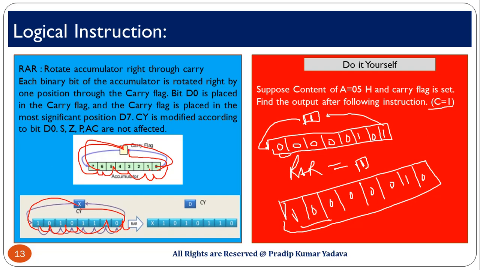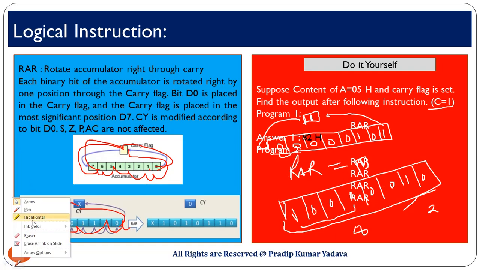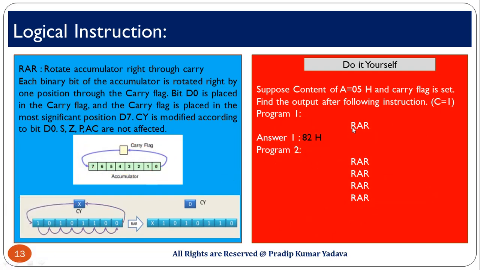Now check it, 82. So here you can see the output 82, meaning by following this method you have to perform the RAR operation. After one time you can find the output.